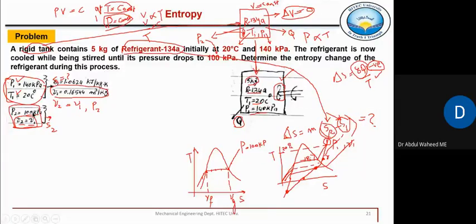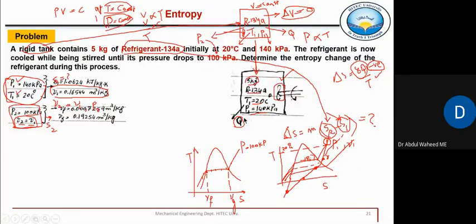What is given, 100 kilopascal and V1 is 0.1654. We have seen from the table Vf is this one, Vg is this one. So where is this value between these two? This V1 is greater than Vf, but this V1, which is equal to V2, is less than Vg. So it is somewhere in this region within the dome.